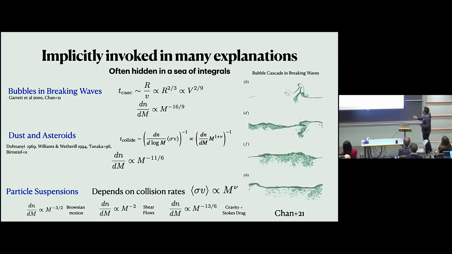This looks pretty good. Dust and asteroids, similar story. The cascade time is some sort of collisional time scale. Dust suspensions, it depends on the collision rate. So great, this sounds plausible, right? And it's been applied in a bunch of different systems, which at face value seem quite similar.